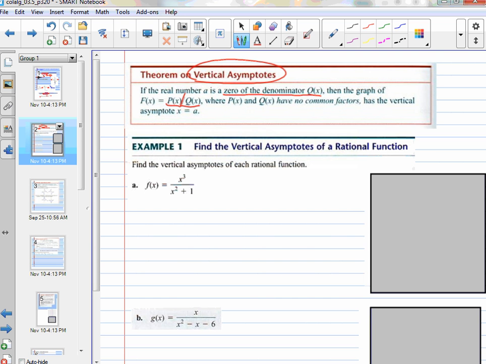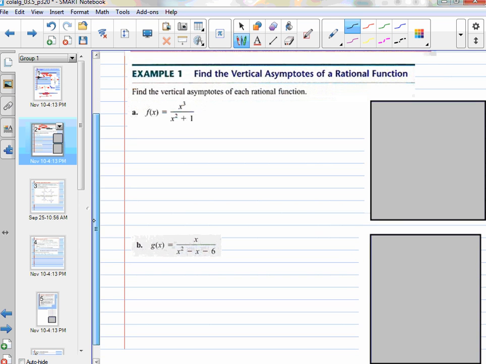What makes the denominator equal 0? One little caveat that we're going to pick up at the end: as long as there are no common factors, in other words, as long as I couldn't factor and reduce, this is true. We'll later get to ones that I can factor and reduce. But as long as I can't factor and reduce, then I just look for the zeros of the denominator. And that is going to be the vertical line where I have an asymptote.